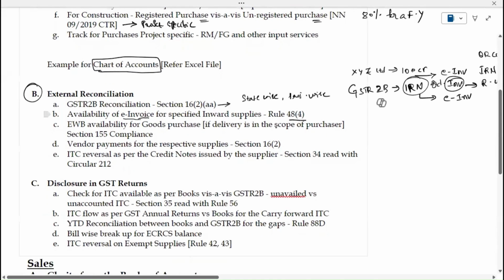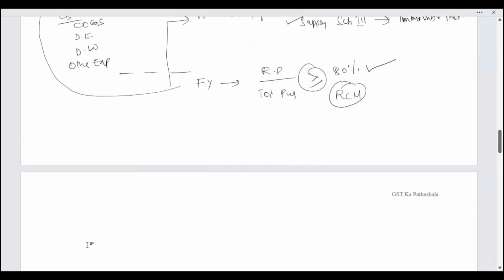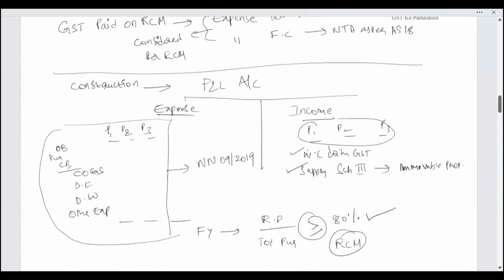Next, e-way bill availability. E-way bill availability for goods purchase if delivery is in the scope of purchaser, compliance under section 155, burden of proof. This is a little important. Again, as a company, the lawmaker is very clear with respect to what they want. Now, as a buyer, we need to know what is our scope.